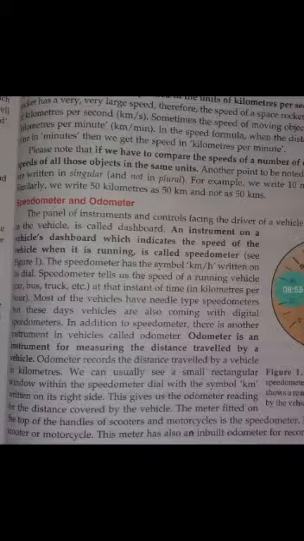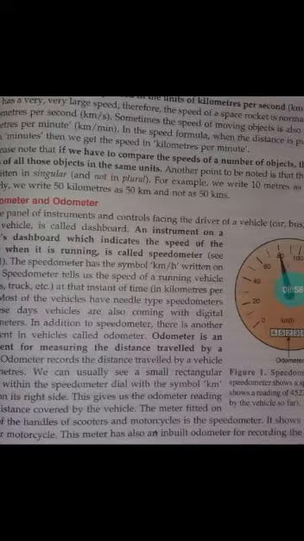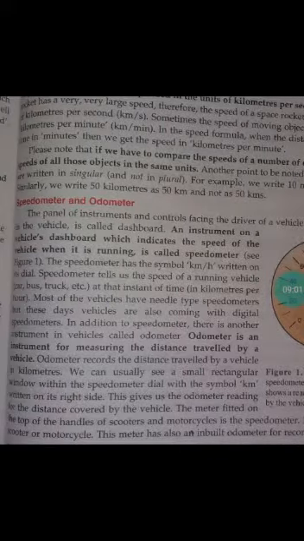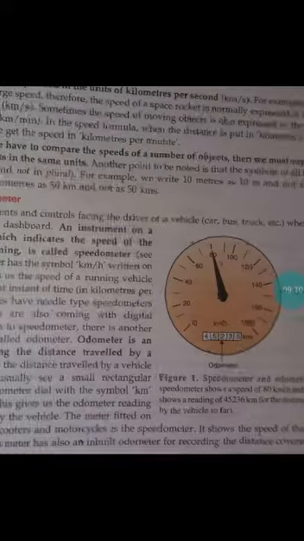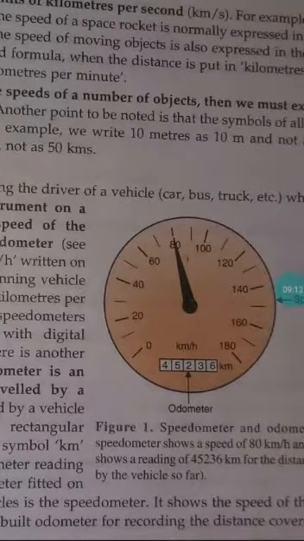And there is an instrument panel facing the driver, which is called the dashboard. An instrument on a vehicle's dashboard which indicates the speed of the vehicle when it is running is called a speedometer. So this one is the speedometer. See here, it is denoting the speed. So that is known as the speedometer.